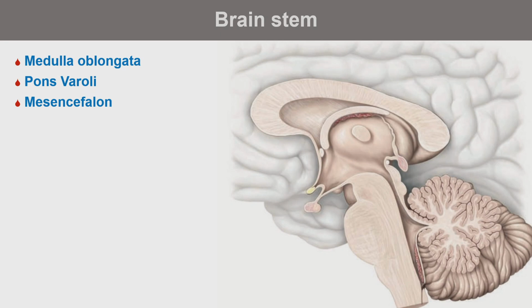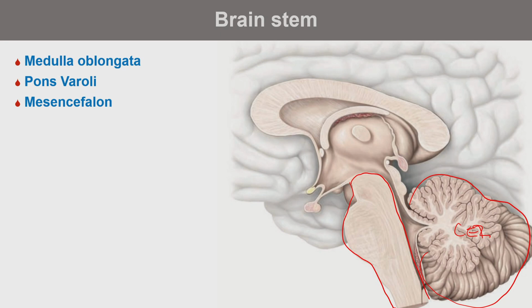the spinal cord, because the spinal cord is a continuation of the brainstem or vice versa. The brainstem is a part of the brain which contains three parts. Conventionally, it does not contain the cerebellum, even if the cerebellum is a part of the developing brainstem.